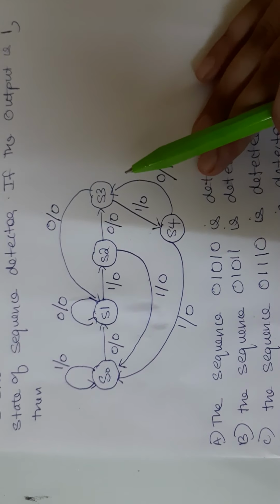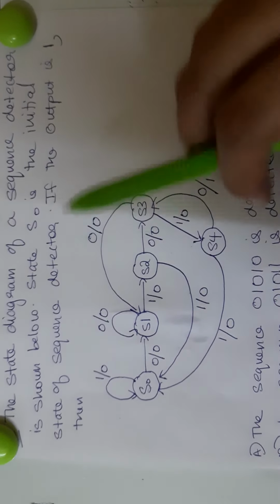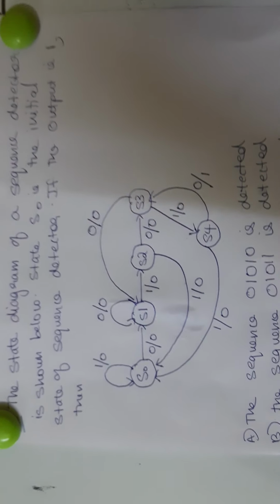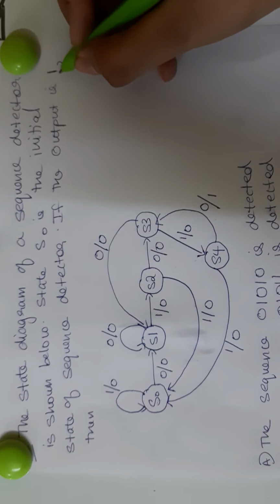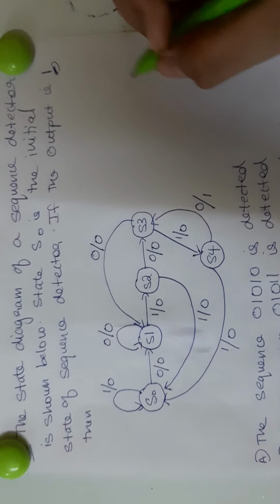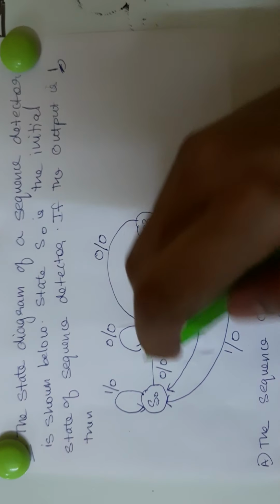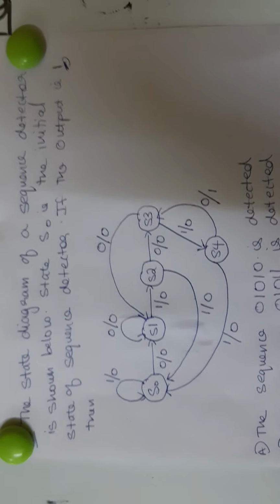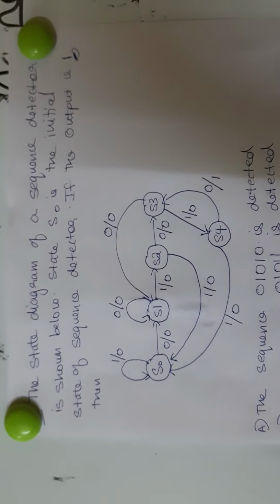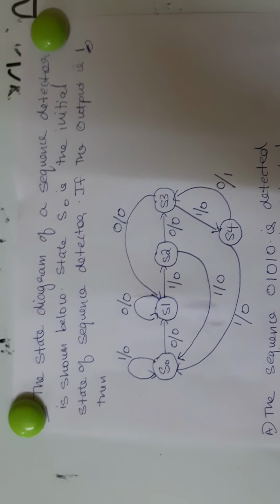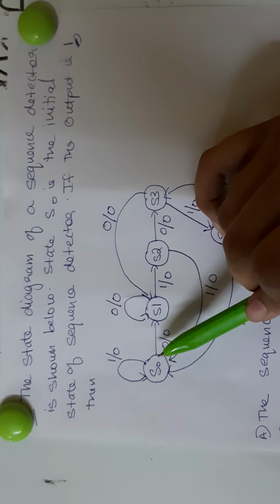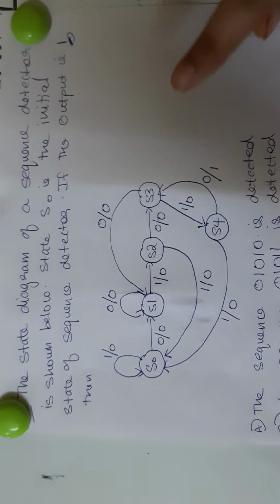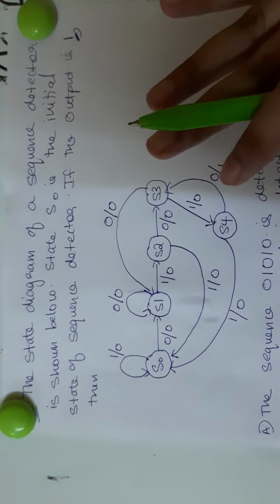Now this might look very complicated, but I'll just tell you a simple trick. Here they have mentioned output should be 1, which means until you reach the final bit of the sequence, your output will remain 0. That's when the sequence is detected, if our output is 1. So you just keep following the states till your output is 1 and don't see anything else.